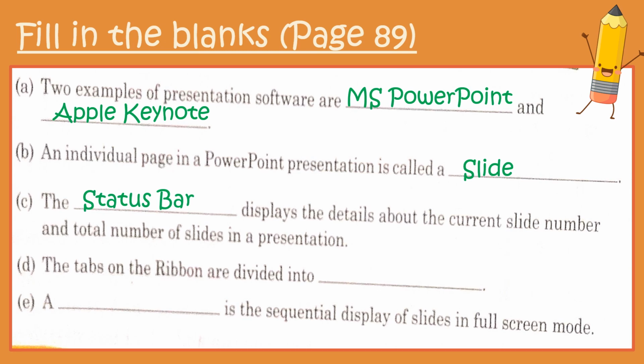Yes, the status bar displays the details about the current slide number and total number of slides. Next: the tabs on the ribbon are divided into groups. Good. Next, dash is the sequential display of slides in the full screen mode. That is called a slideshow.